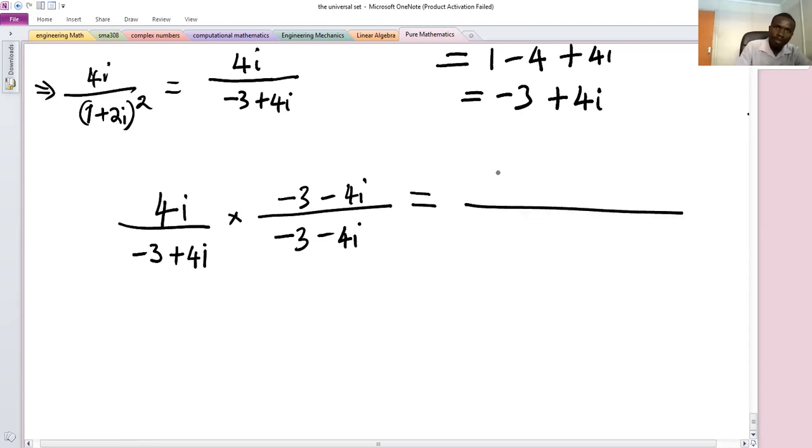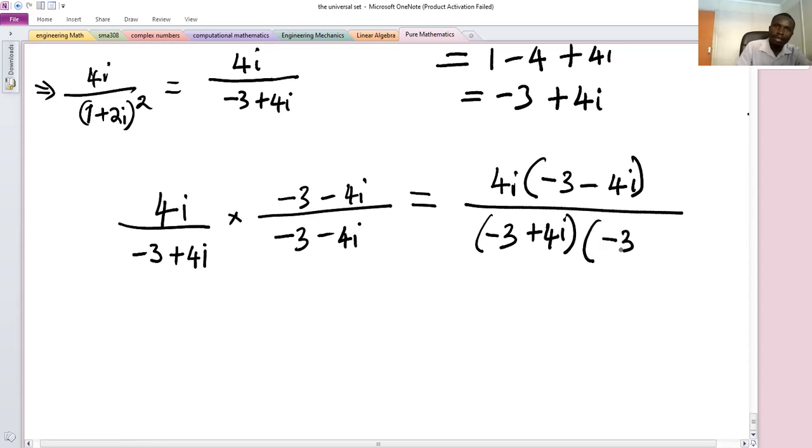So this will be 4i into minus 3 minus 4i over minus 3 plus 4i multiplied by minus 3 minus 4i. 4i times minus 3 will give us minus 12i. 4i times minus 4i, plus minus is negative, so 16, i times i is i squared.